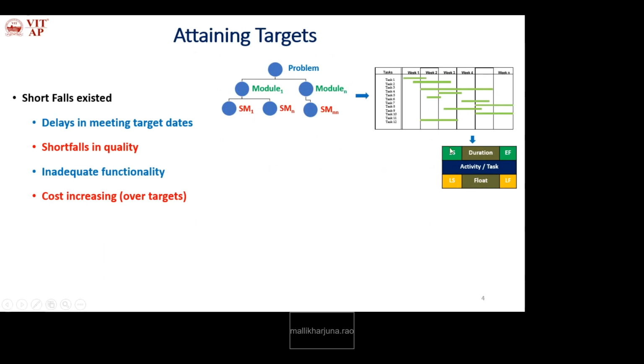In that process we are trying to find the various shortfalls that exist in software project development. The first one is delays in meeting target dates. So why delays? Definitely in project development, various problems will occur internally.